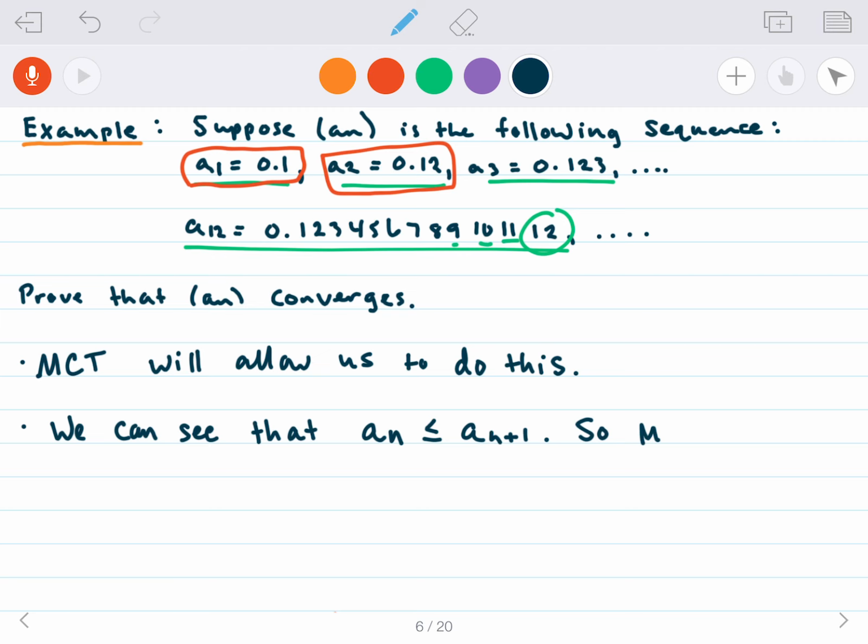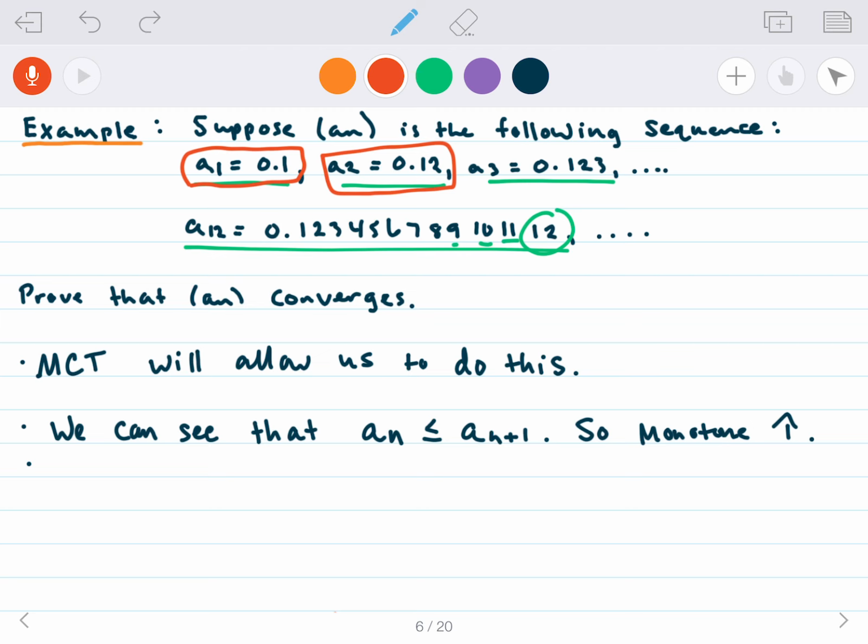So monotone increasing. Okay, and so the next part we need to use the monotone convergence theorem is boundedness. Since this thing is always going to start with 1, it's never going to start with a 9, right?